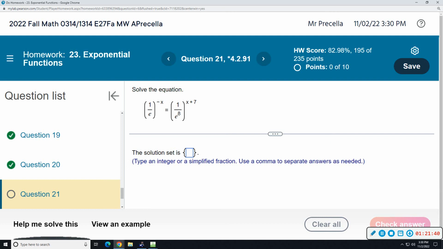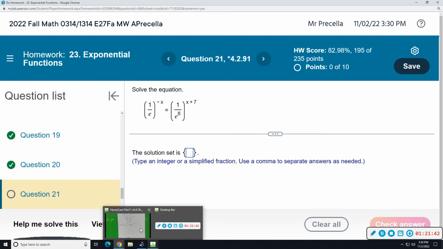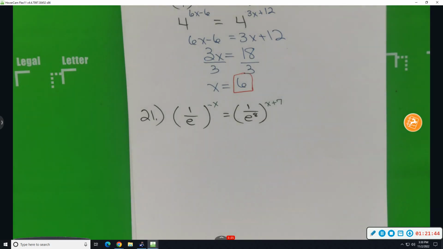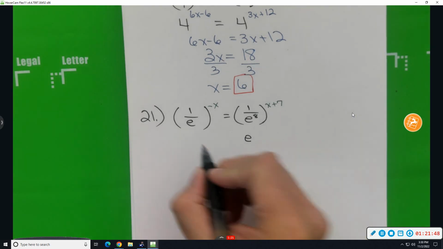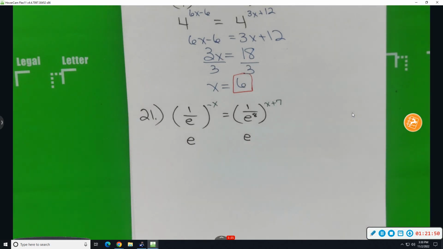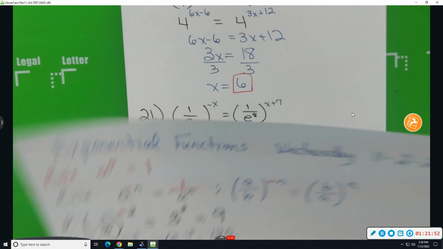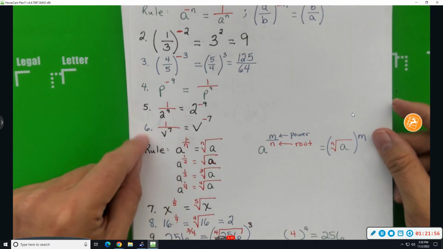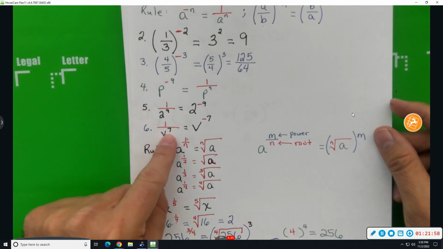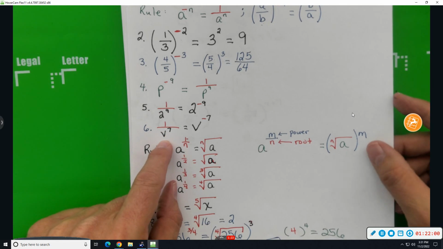There. We want to write both sides with just an e, not that 1 over. So it goes back to something we were doing at the beginning, when we had this on problems 5 and 6.